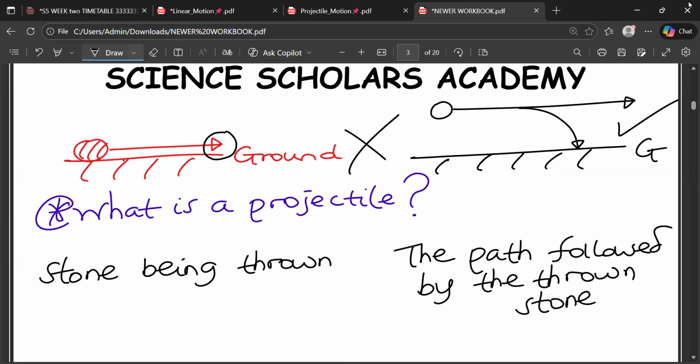So let's assume the stone we are throwing is option A, and the path the thrown stone is following is option B. Of the two, which one is the projectile? Because I've just realized people don't know these things, and I'm disappointed. Which one is the projectile?